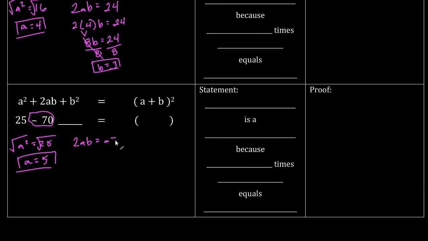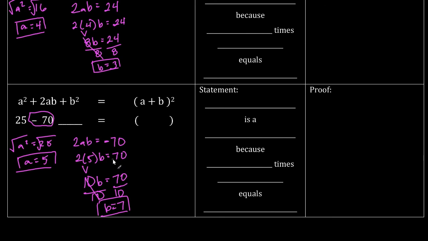Once again, we know that a was 5, so let's substitute that in. So 2 times 5 is 10. 10b equals 70, we divide by 10. b equals 7.